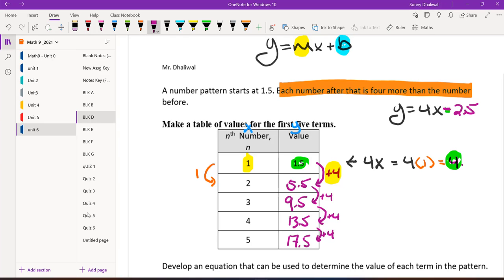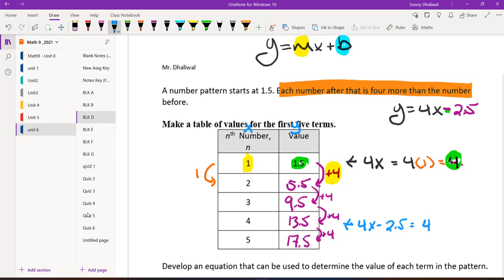So now we test out the equation we came up with. Yes, Max? Number 4. Sure, let's try number 4 here. So our equation is 4x minus 2.5. We test it out.